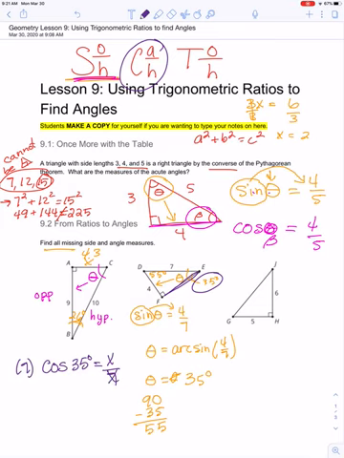So multiply both sides by 7. Type that in your calculator. Cosine 35. Enter. So I get 5.73. So this side will be, x equals, let's do 5.7 units.